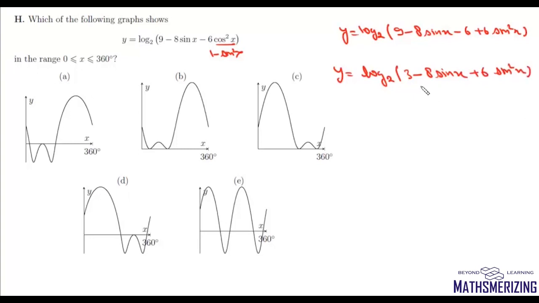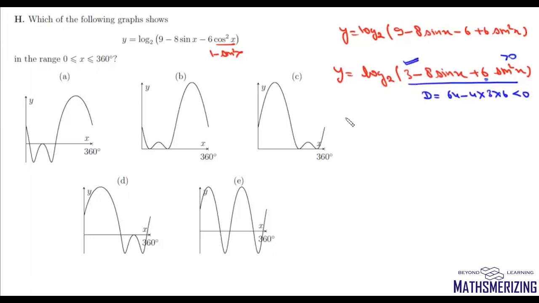Now basically it's a quadratic equation in sin x, and if we check its discriminant, it will be 64 minus 4 into 3 into 6, which is less than 0. So in this case, a is greater than 0 and D is less than 0. So that means this expression is always positive. So this function will be defined in this entire region.